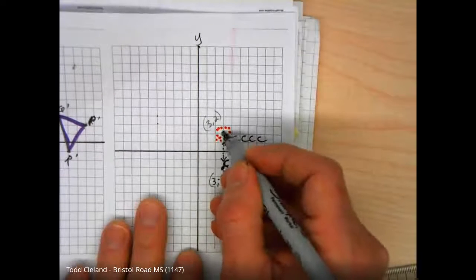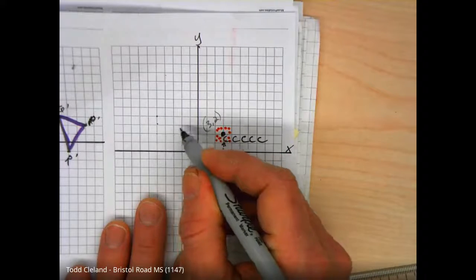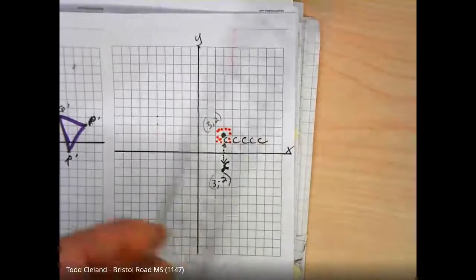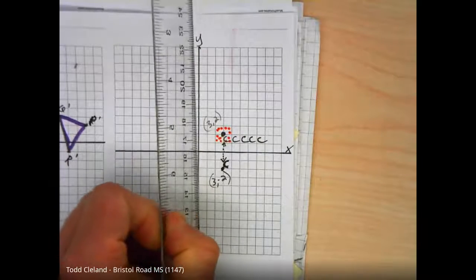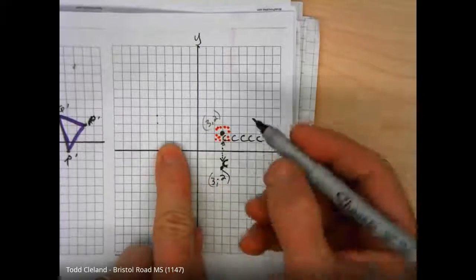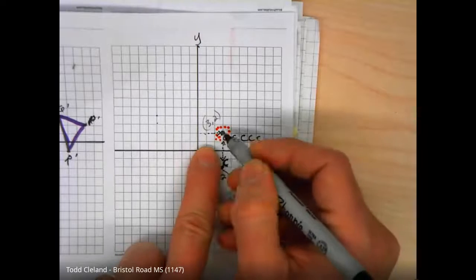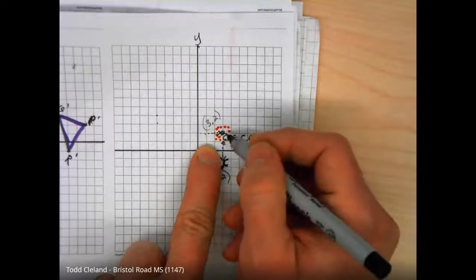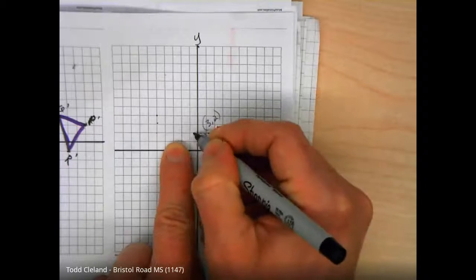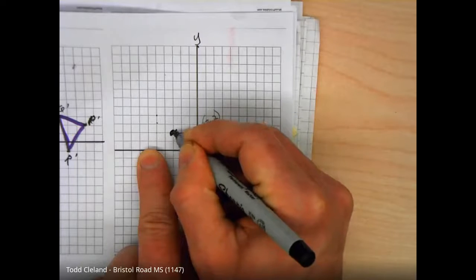So this point right here, 3, 2, if I were reflecting across the y-axis, it would end up over here somewhere, as if I put a mirror on this line and shone it across that y-axis. So it's going to be the same distance away from that. So that's 3 over. Would it be 3 to the right? It becomes 3 to the left. And so that would be my point right there.